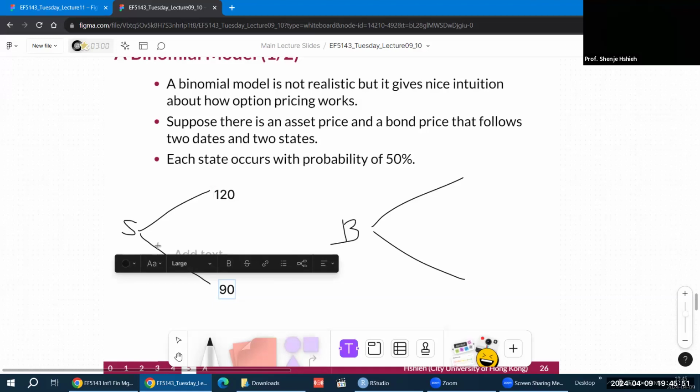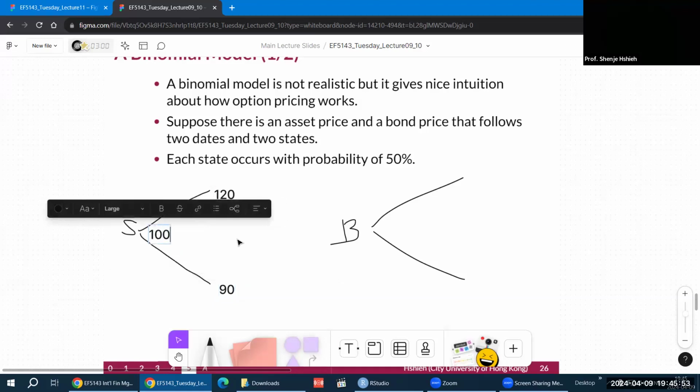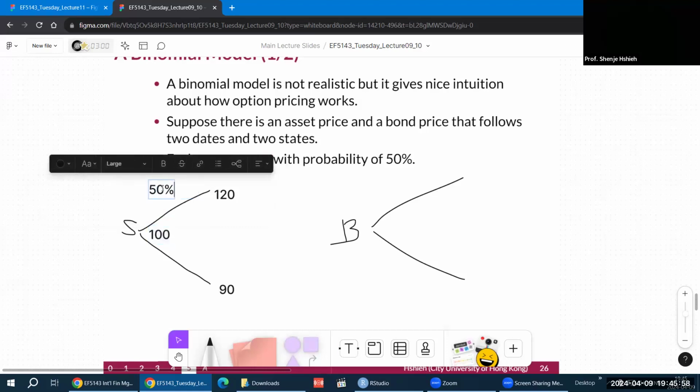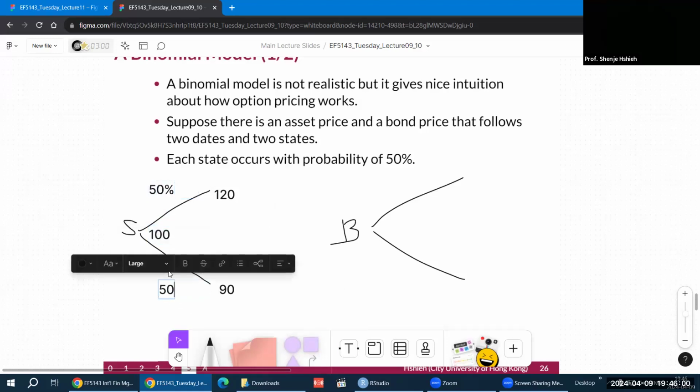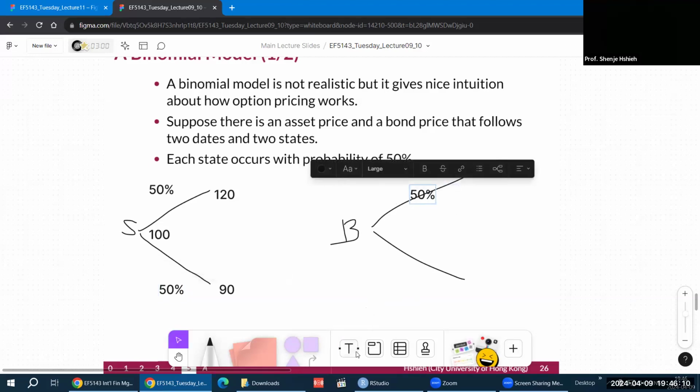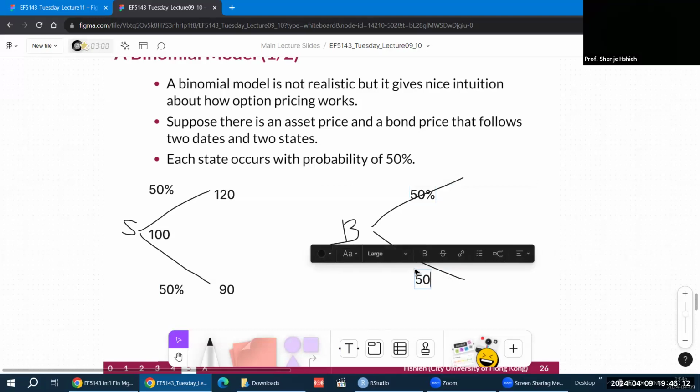Its current price is 100. And there's a 50-50 chance it can go up or down. I'm going to go through this fast because I think you've seen this before, unless you haven't, please let me know. So 50%, 50%, same thing for bonds.